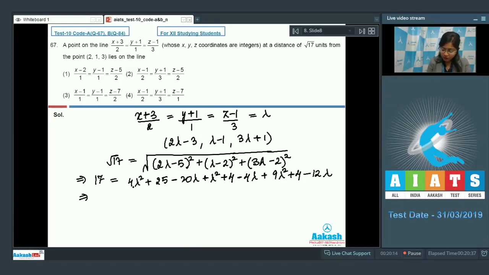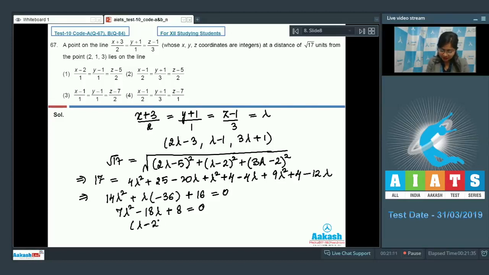So this is further equal to 4 lambda square plus lambda square plus 9 lambda square, that will give me 14 lambda square, plus with lambda we get minus 20 minus 4, that is minus 24, minus 12, that is minus 36 lambda, and the constant term is 25 plus 4, that is 29, plus 4, that is 33, minus 17, that is 16, equal to 0.